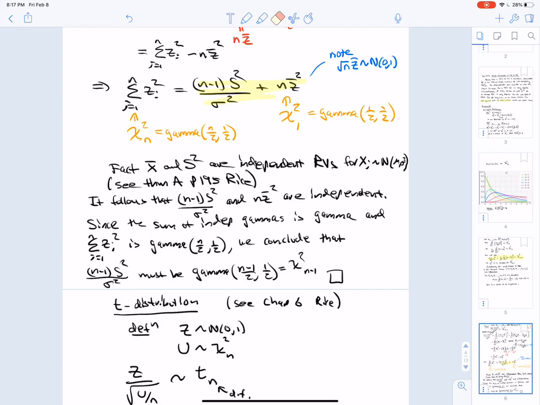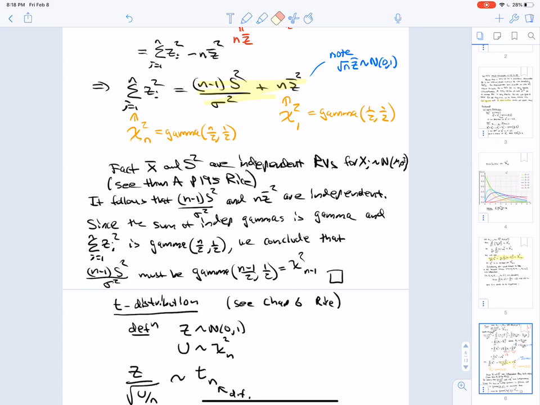So you wouldn't expect they're independent, but when the xi are normal, they are independent. You can see Theorem A, page 195 in Rice, and I encourage you to follow that argument. You are responsible for knowing about moment generating functions. So it follows that n minus 1 s squared over sigma squared and n z bar squared are independent.